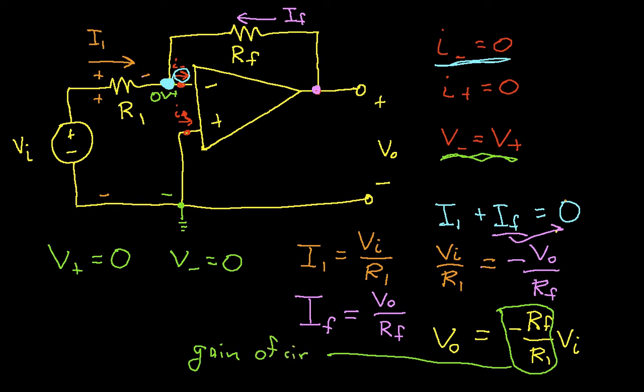The idea is it tells us how much V in is increased to get V out. In this case, the fact that the gain is negative means that V out will have an opposite sign to V in, and it'll be multiplied by RF over R1. So this is how you do the analysis.